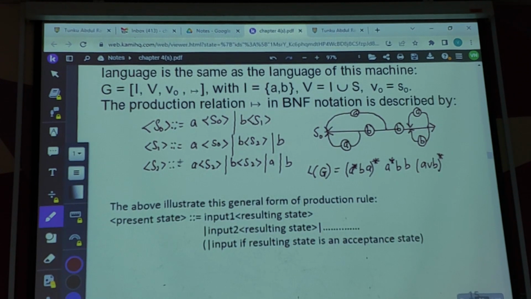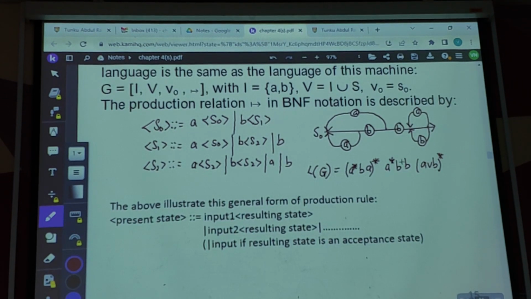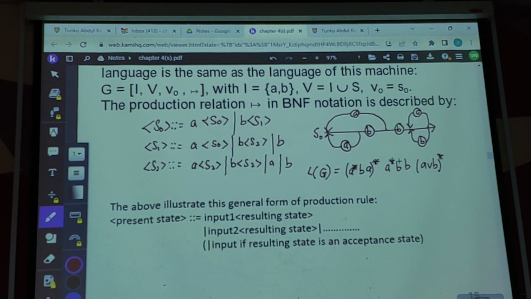Because actually at S1 itself, you can go out already. At S1 here, after the input B, it is terminate already. This part. So this B, 2B here is already the correct string. The rest is just the alternative. Either you loop the A or not. Okay?